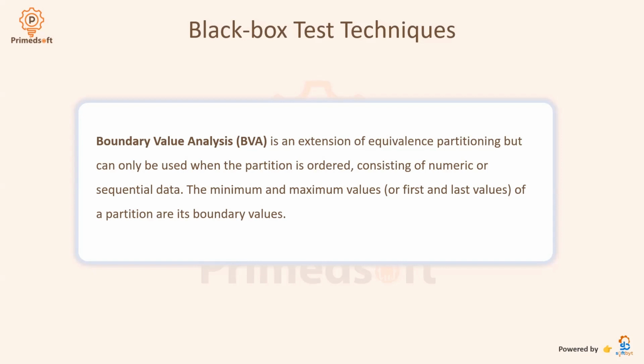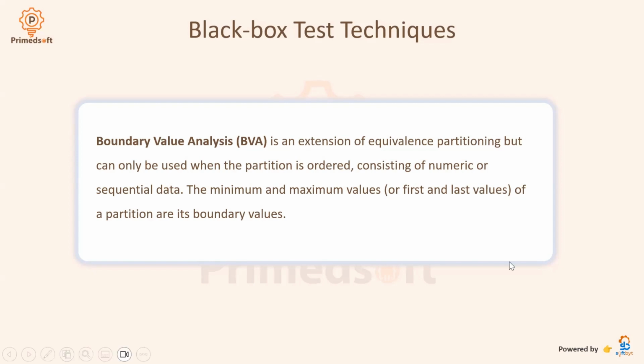So there are 3 equivalent partitions, right? You have the invalid, which is the higher partition, with boundary value 6. You could have another partition as well.